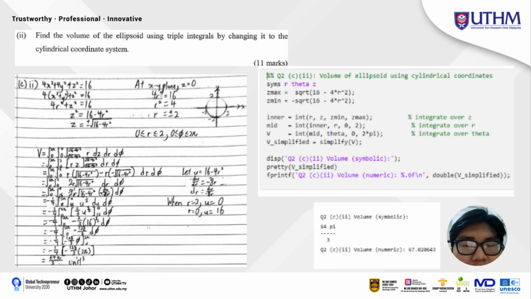As we can see, the symbolic answer is the same as ours, and the numeric answer is after changing pi to 3.14159. And that's all from my part. I will pass it to the next teammate to explain the next question.